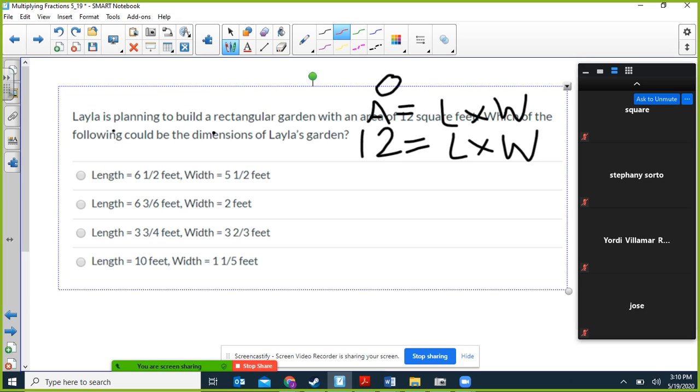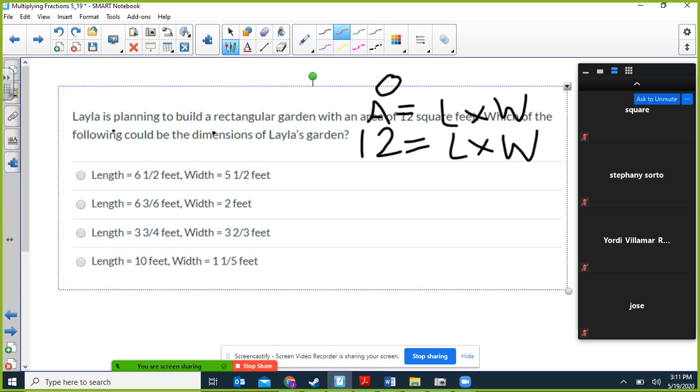I'm trying to teach y'all good strategies that y'all can use as you move forward. Rather than having to solve every single one and convert every single one from a mixed number into an improper fraction, how can I just start getting rid of a lot of the possible answer choices?